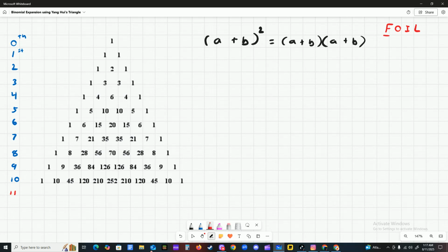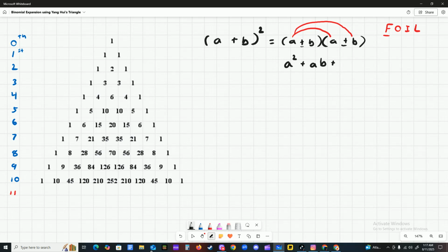So the first terms, in this case, are a and a. So a times a gives you a squared. O means outer. So the outer terms, in this case, a and b. So you get ab because a times b is ab. And we're adding plus and plus, so we get a plus in the middle right here.